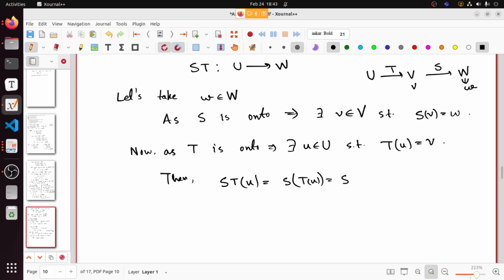What is TU? TU is V. What is S of V? It's w. So ST maps U to w, which means U is the preimage of w.